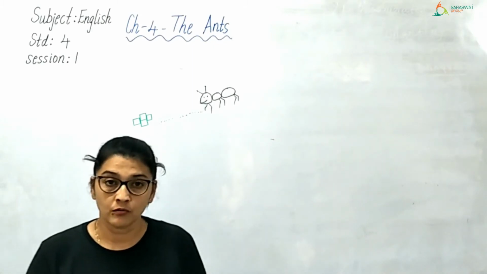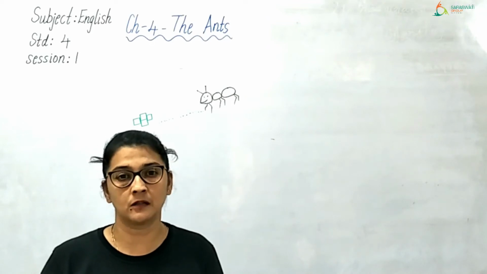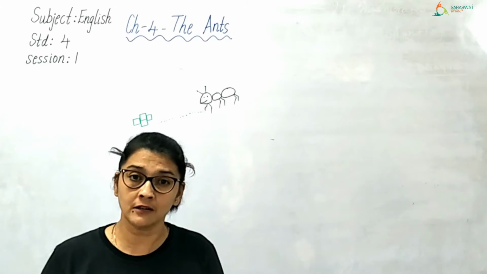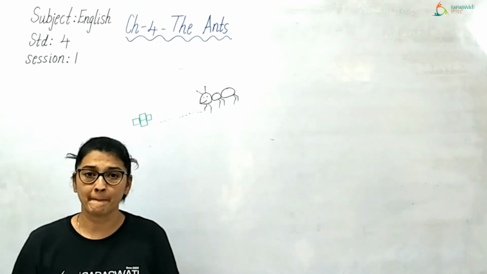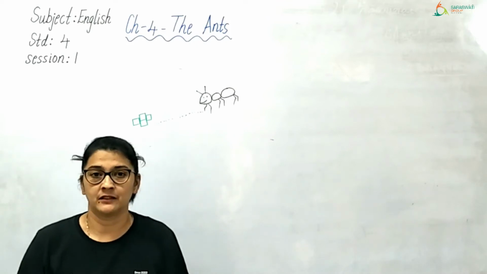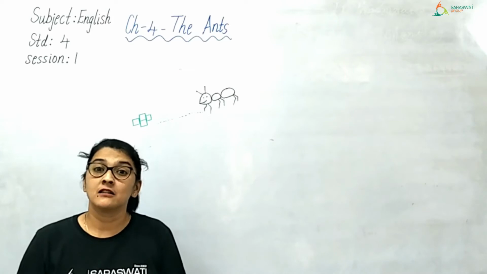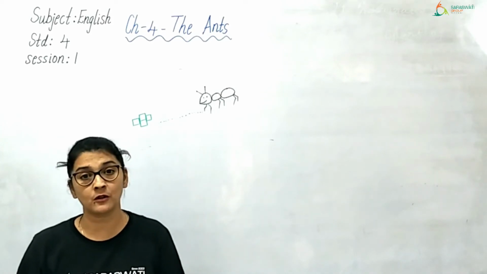As you know that ants are very hard-working insects. And I suppose you have already learned a lesson on ants in Gujarati too. Yes? That is Khantili Kidi. The same thing with the same feeling we are going to start this chapter also.